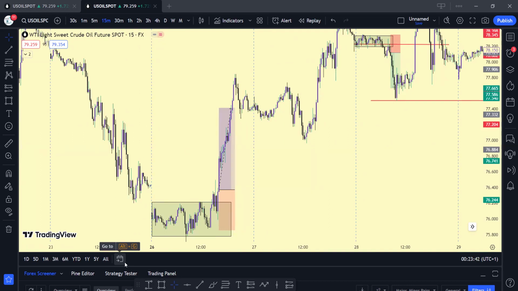If you do not have that, you just use MT5 or MT4 on your system. I don't think the phone can go back that much, but on the system, MT5 goes back as far as anything.